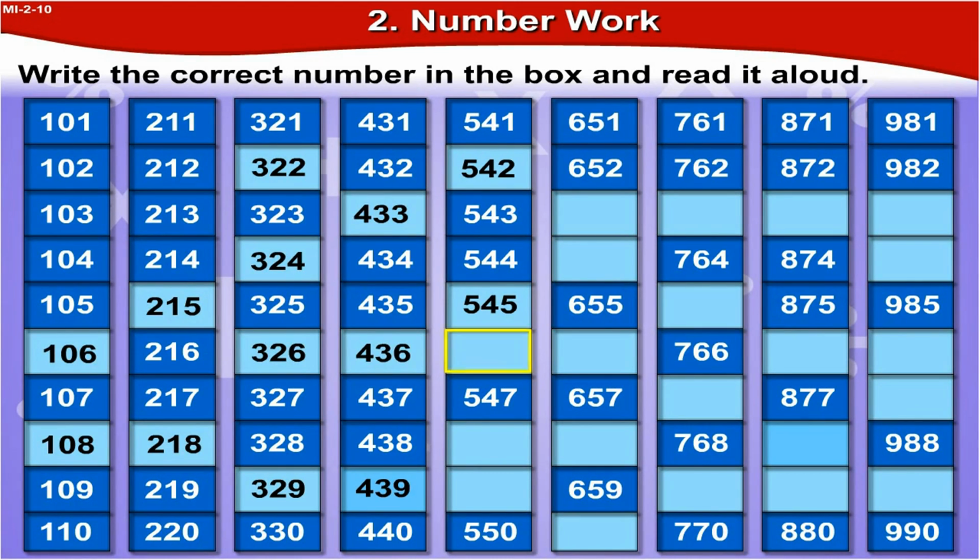After 545, we have 546. That is 546. Now we have 547 in another two boxes. After 547, we have 548. That is 548. And then 549, which is 549. In the end, we have 550.